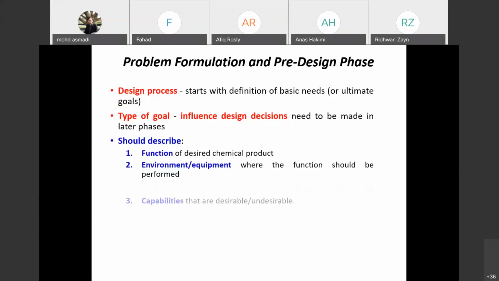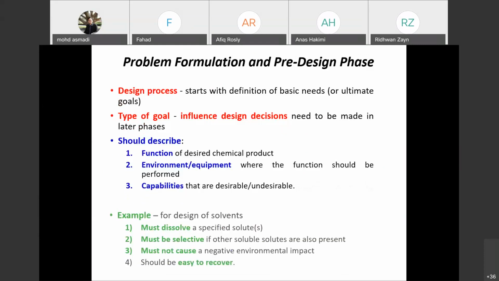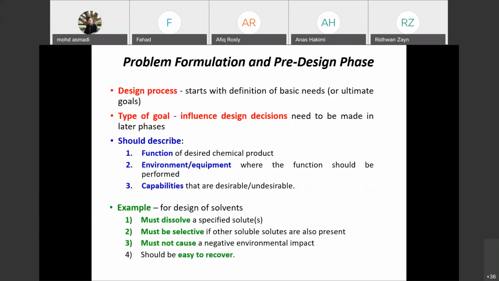Function, capabilities. Air freshener: find a stable molecule with a strong smell. The target is to find stable molecules, right? Okay, and then the molecule must be, maybe yes, the molecule must smell, give strong.